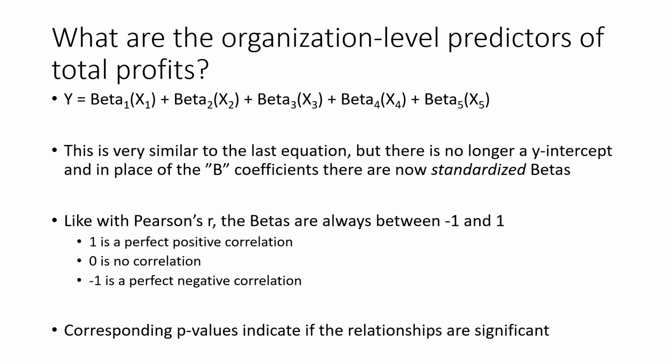Of course, the strength of the relationship between each independent variable and the dependent variable will depend not only on the beta, but also on the p-value that corresponds to it. So each x predictor will have a p-value associated with it that will tell you whether or not that particular predictor is significantly related to the outcome.